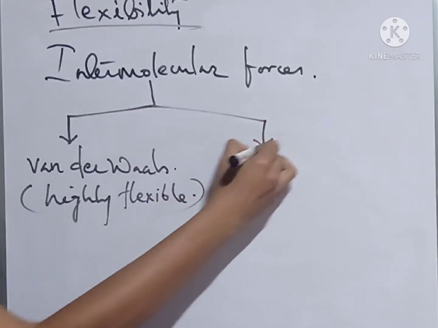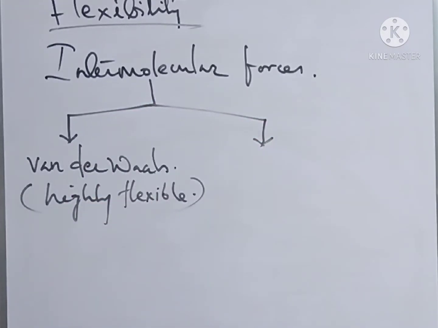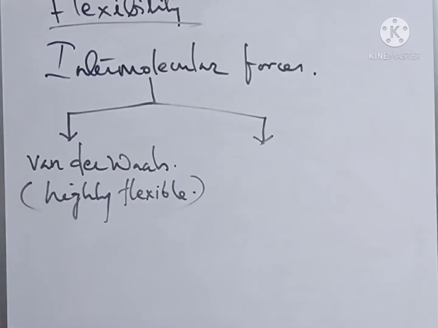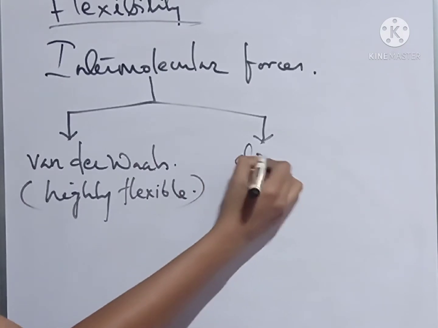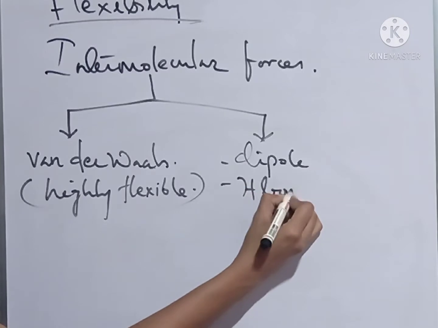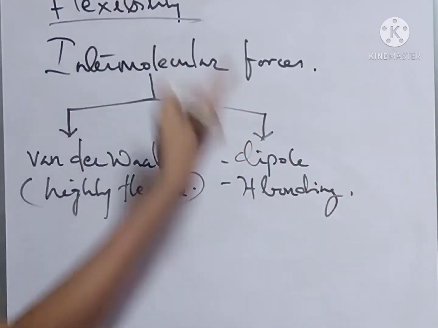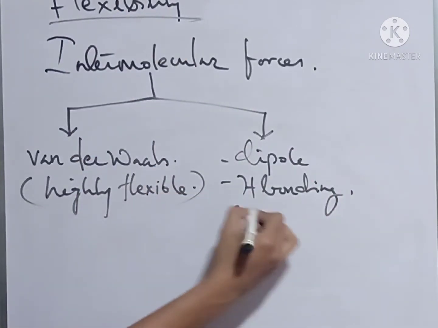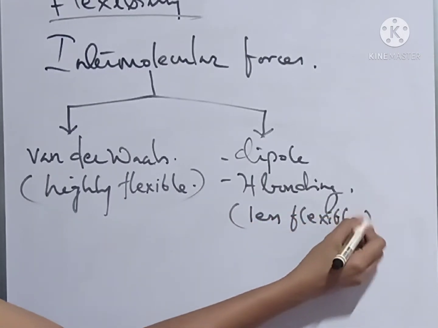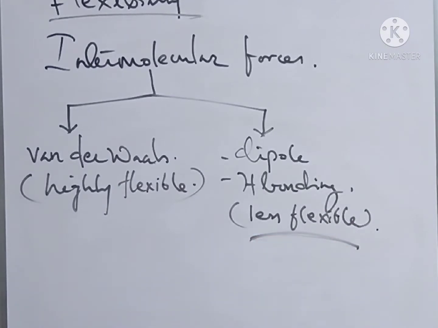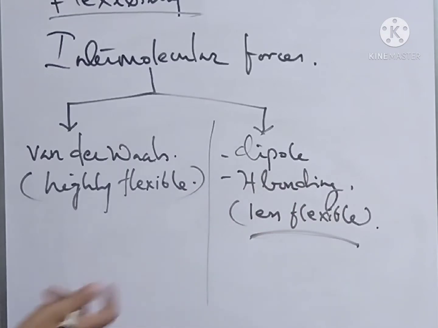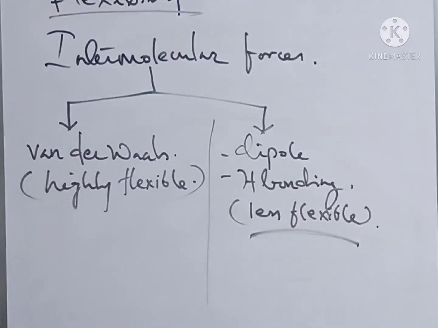Or if intermolecular forces are a little stronger than van der Waals forces, that is, if dipole interactions and hydrogen bondings are there in the polymer molecule, then it will become less flexible. So it becomes more crystalline when dipole interactions and hydrogen bondings are there in the polymer molecule.